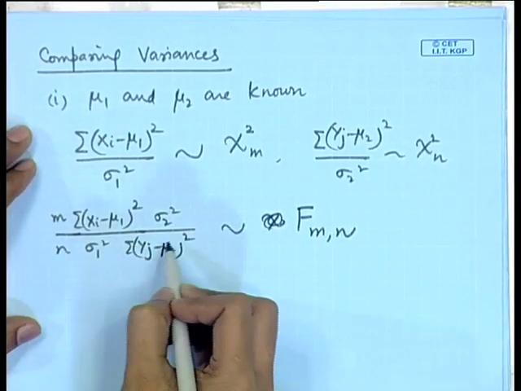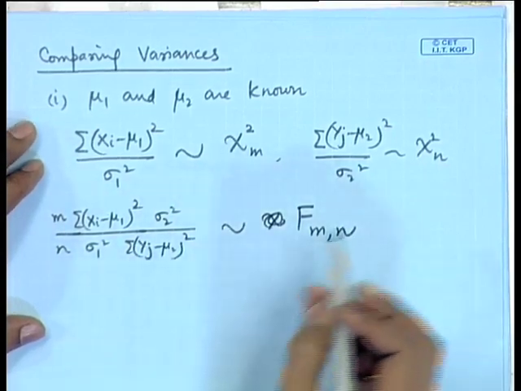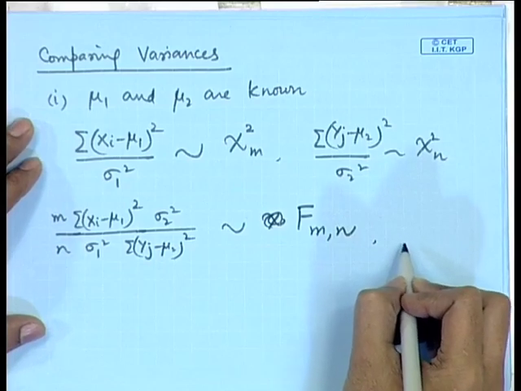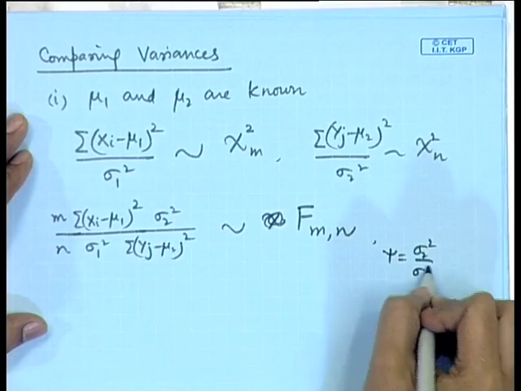If mu 1 and mu 2 are known, then here the ratio sigma 2 square by sigma 1 square is coming. Let us denote it by psi, that is sigma 2 square by sigma 1 square.